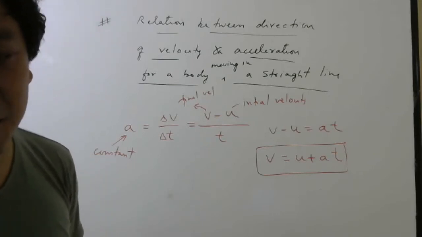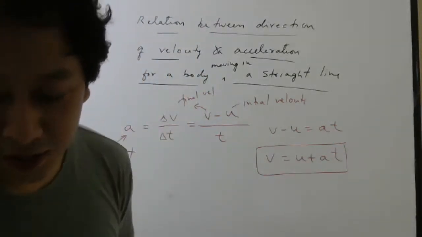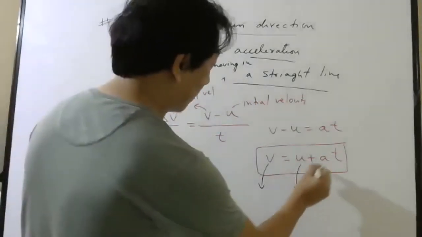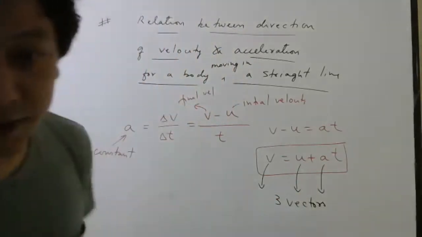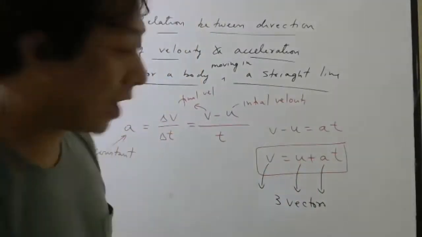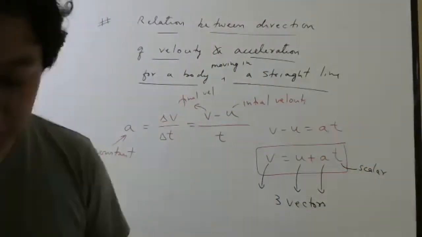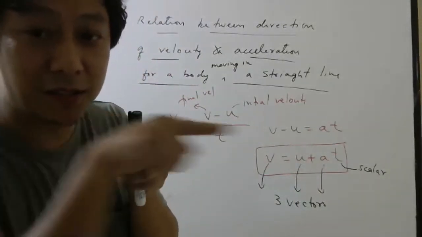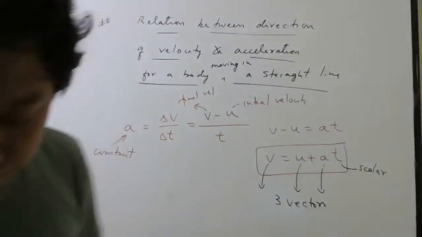There are 3 vectors. Velocity is a vector, acceleration is a vector. So these 3 are vectors. Time is a scalar. Remember that. These 3 can have direction, and therefore, if you take this positive, this you must take negative, students, negative.